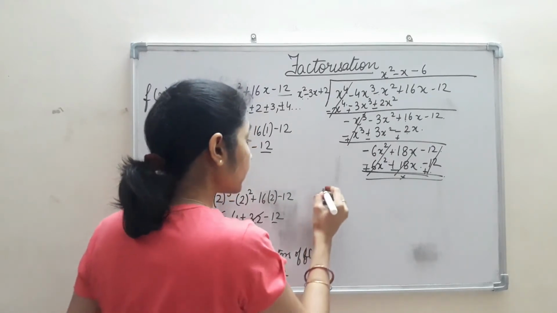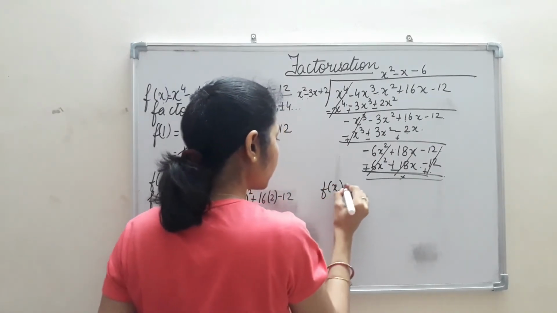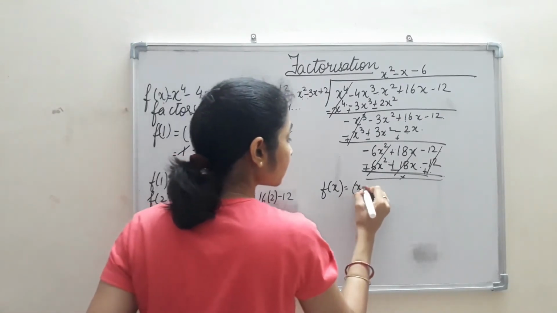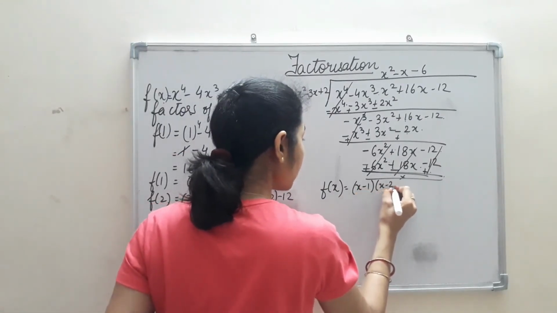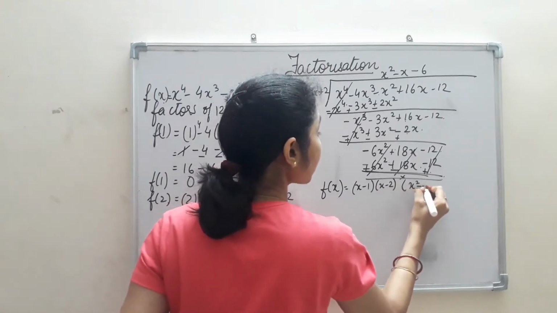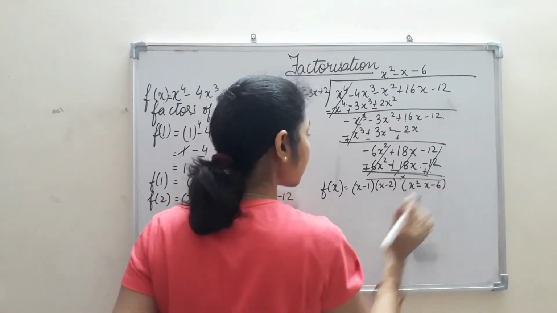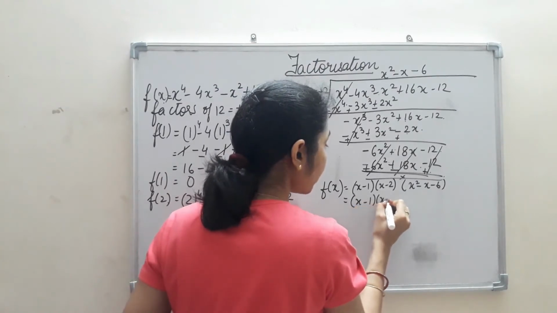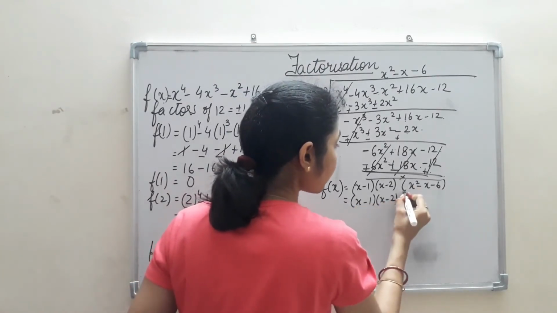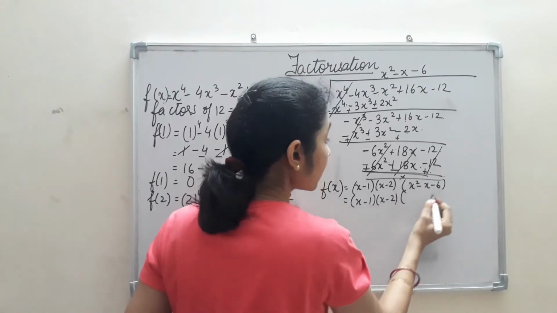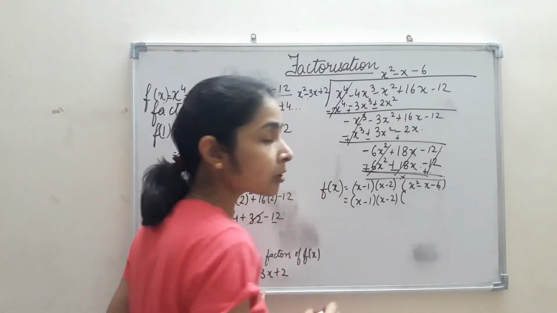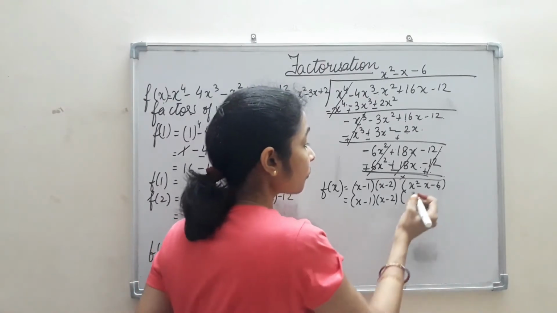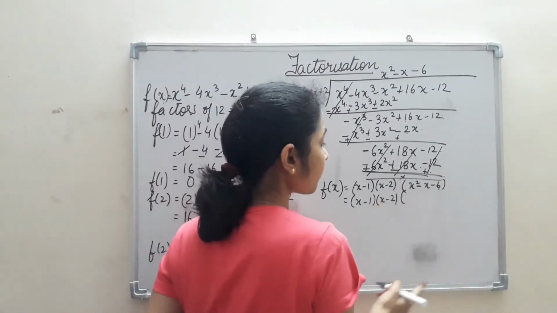So now I'll write the factors of f(x) is equal to x minus 1 into x minus 2 into bracket x square minus x minus 6. Now these two are already factorized, but this one needs to be factorized, so I will just break it. Factors of 6 such that the sum or difference should be minus 1, and that is 2 and 3. So we want negative 3 and positive 2.